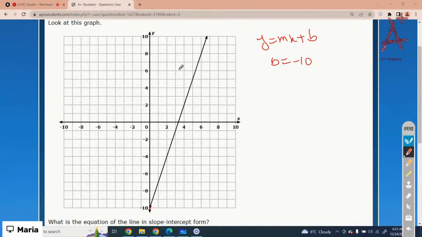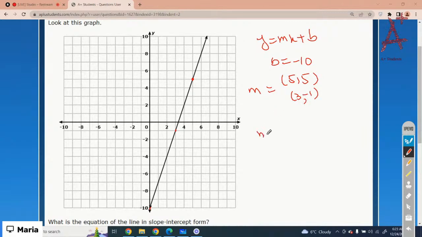You can use any 2 points on the graph and find the slope of the equation. m equals, the points are 5 and 5, and the other point is 3 and negative 1. So these are the 2 points I'm using to find the slope.